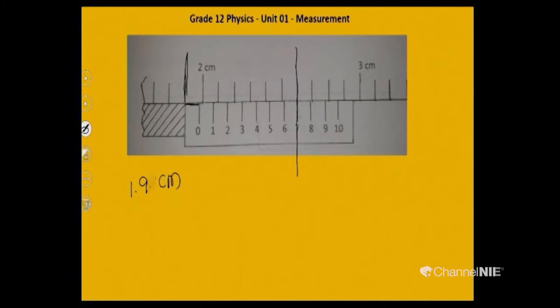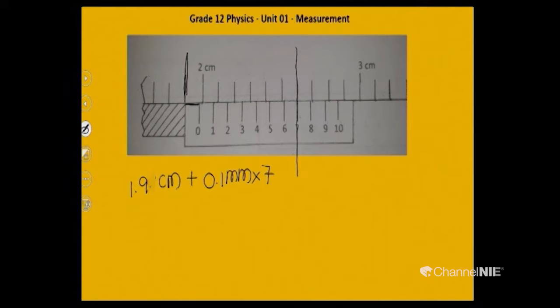That means when this is moved a distance, the 7th division coincided with the main scale value. Therefore, 1.9 centimeters plus the least count 0.1 millimeters into 7 divisions.